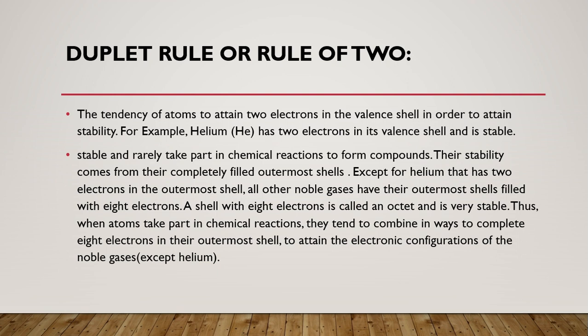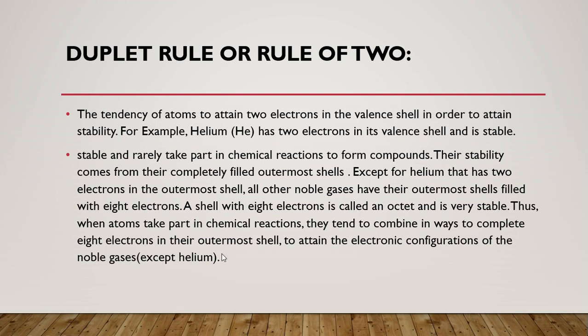Their stability comes from their completely filled outermost shells. Except for helium that has 2 electrons in its outermost shell, all other noble gases have their outermost shells filled with 8 electrons. A shell with 8 electrons is called an octet and is very stable.